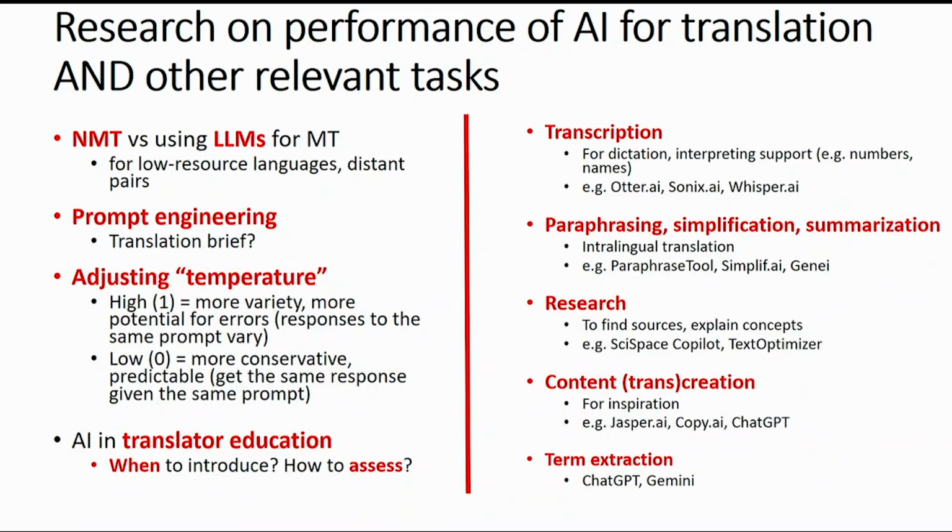I mentioned as an example a few minutes ago that these tools can do things like paraphrasing, simplification of text, summarization of text, so all kinds of intralingual translation. And how is that something that might be useful to us?